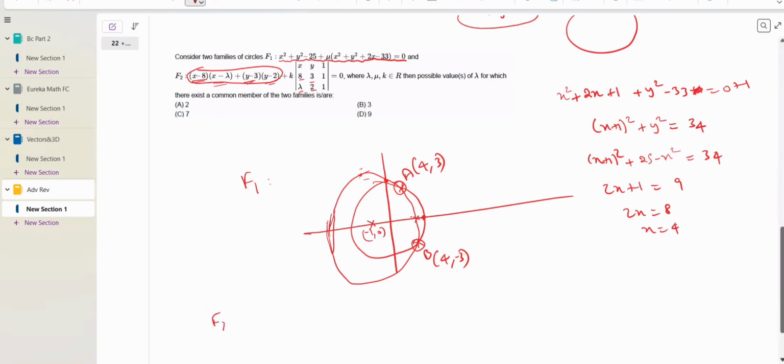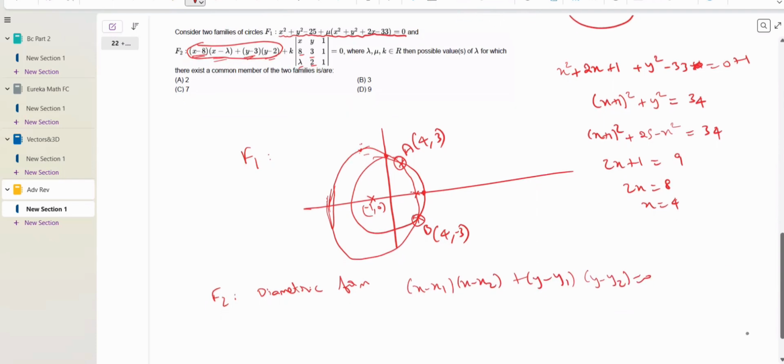So family 2 reminds me of the diametric form: x minus x1 into x minus x2 plus y minus y1 into y minus y2 equal to 0, isn't it? So we are initially beginning our thought with the diameter being 8 comma 3 and lambda comma 2. We're talking about a circle whose diameter can be 8 comma 3 and lambda comma 2.